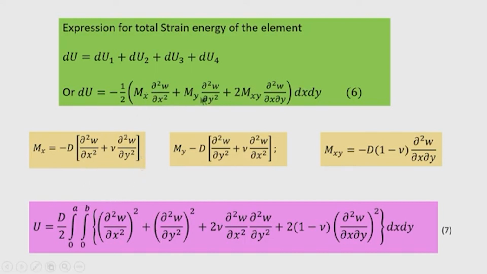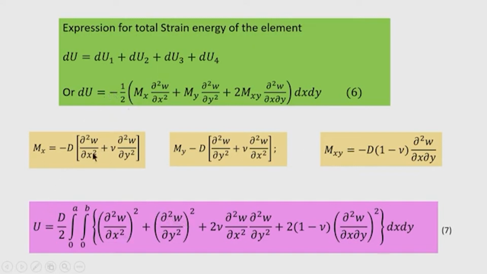After arranging this, the strain energy can be written in terms of the derivative of the deflection. Here del square w by del x square comes directly, and a half term will be there. So, D by 2 will be there, and all these bending moment expressions have negative signs. So, ultimately the strain energy will be a positive quantity.